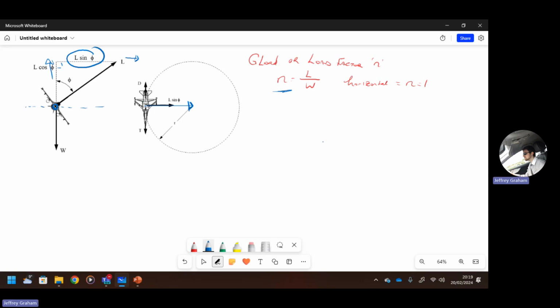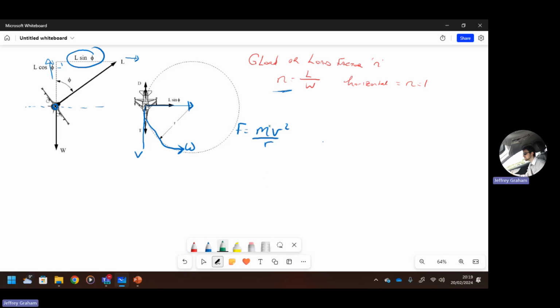Right, and obviously because this aircraft has both a linear velocity and a rotational velocity, Greek letter omega, it starts to produce a centripetal force.